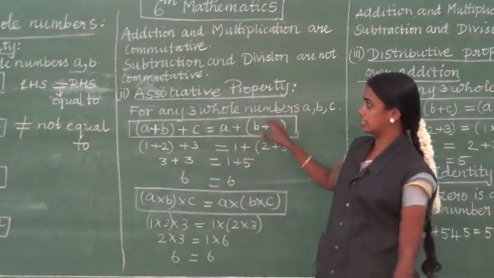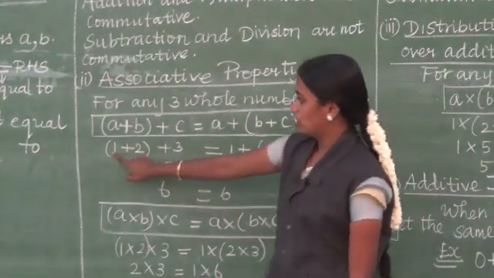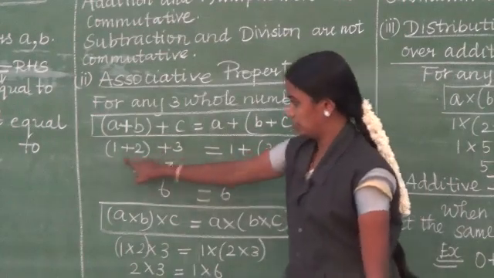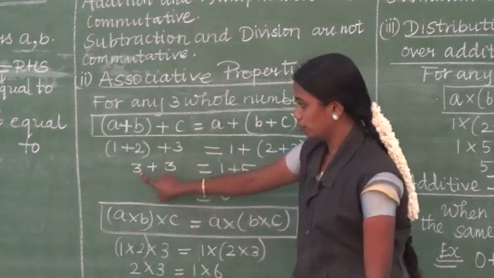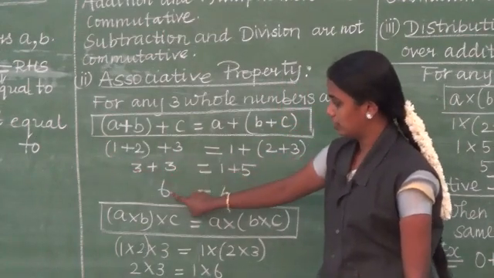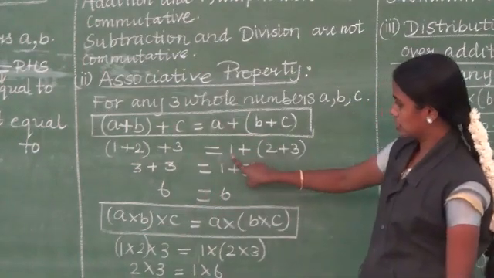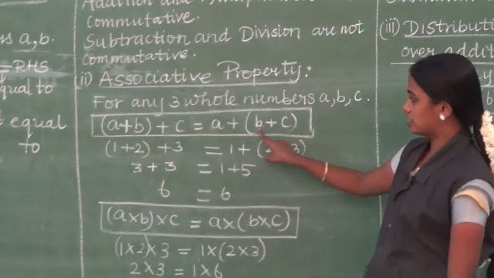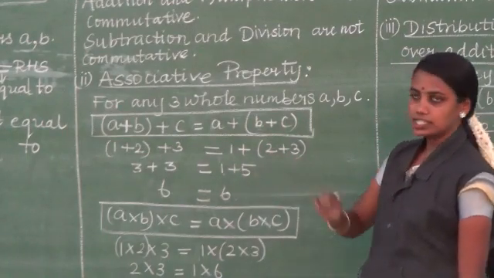For this, the example is the associative property for 3 whole numbers. Listen, 1 plus 2 plus 3. There are 3 numbers. First I add 1 plus 2, which is 3. Then 3 plus 3 equals 6. Likewise, here I keep the first number as it is and add the last 2 numbers: 2 plus 3 is 5, then 1 plus 5 is 6.